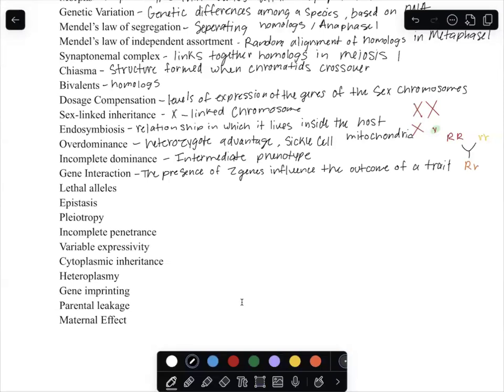So basically, if you have two recessive, it blocks out a dominant. That would be an example of gene interaction. Okay.